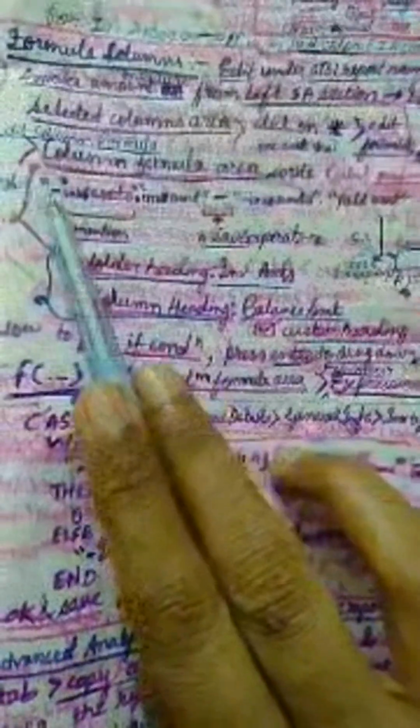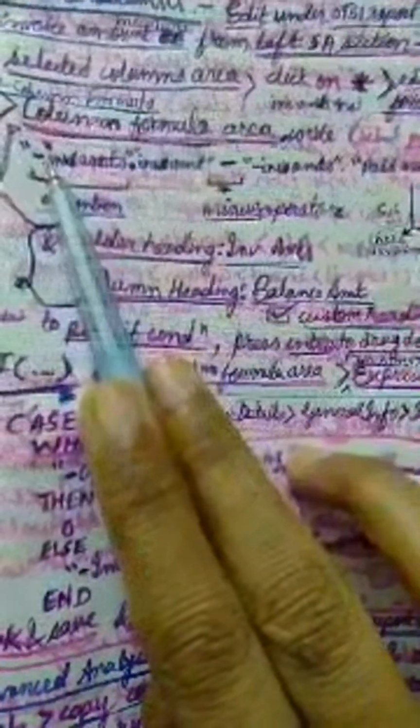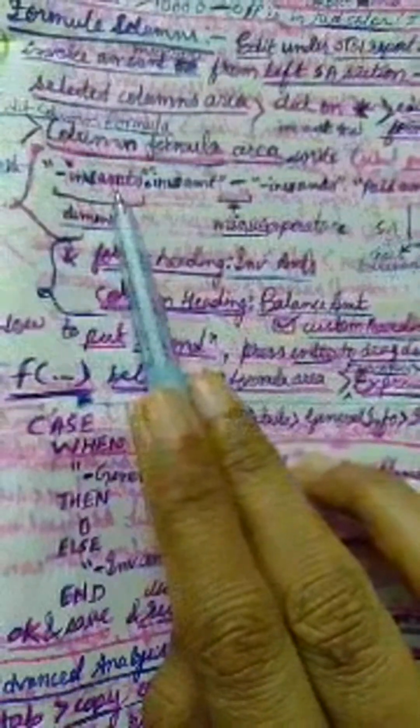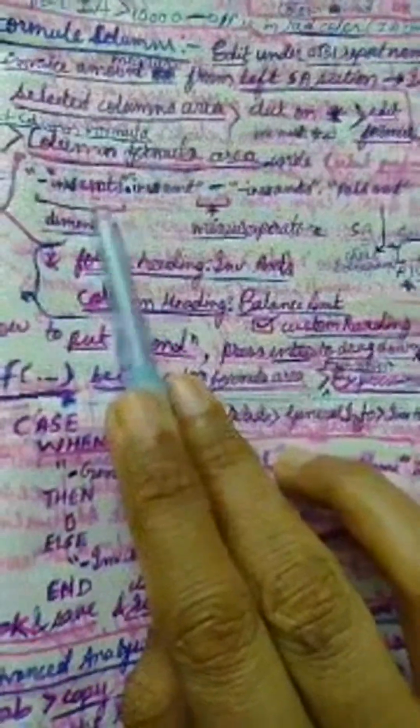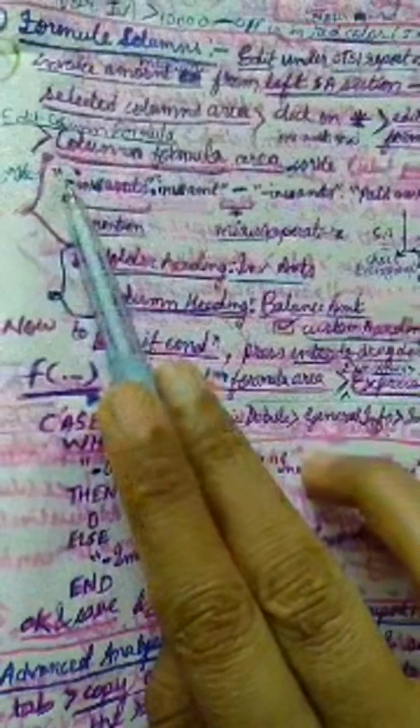So first of all we'll select invoice amounts. Here it is again a measure.